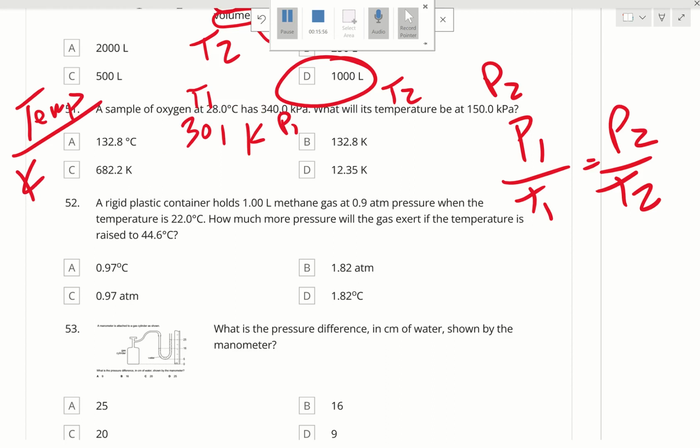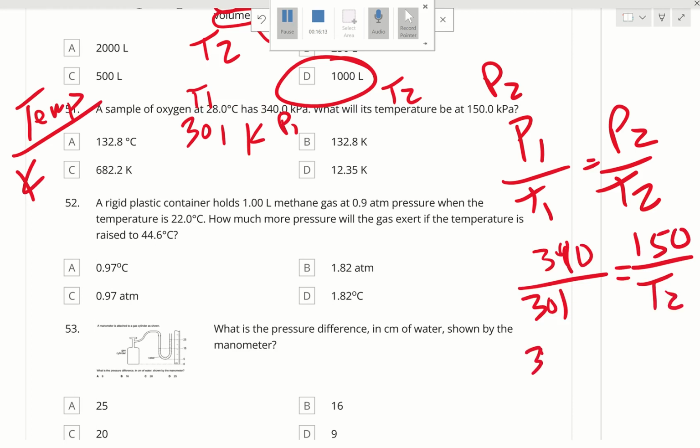So I'm going to go to my formula now. P1 equals 340 over 301, my temperature. My P2 is 150. My temperature 2, I don't know. So 340 times T2 equals 301 times 150.